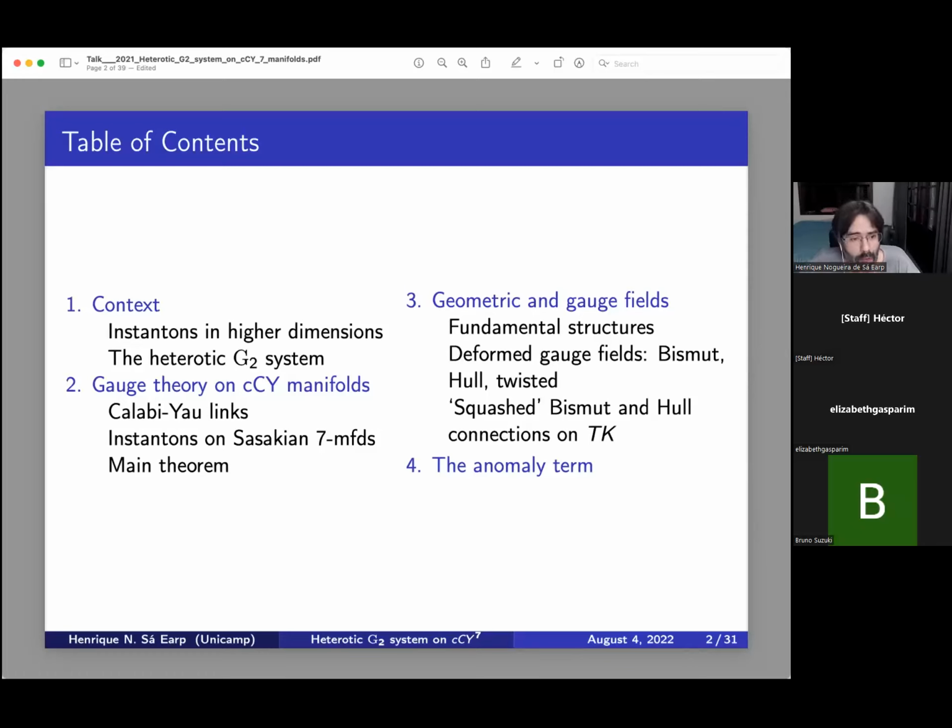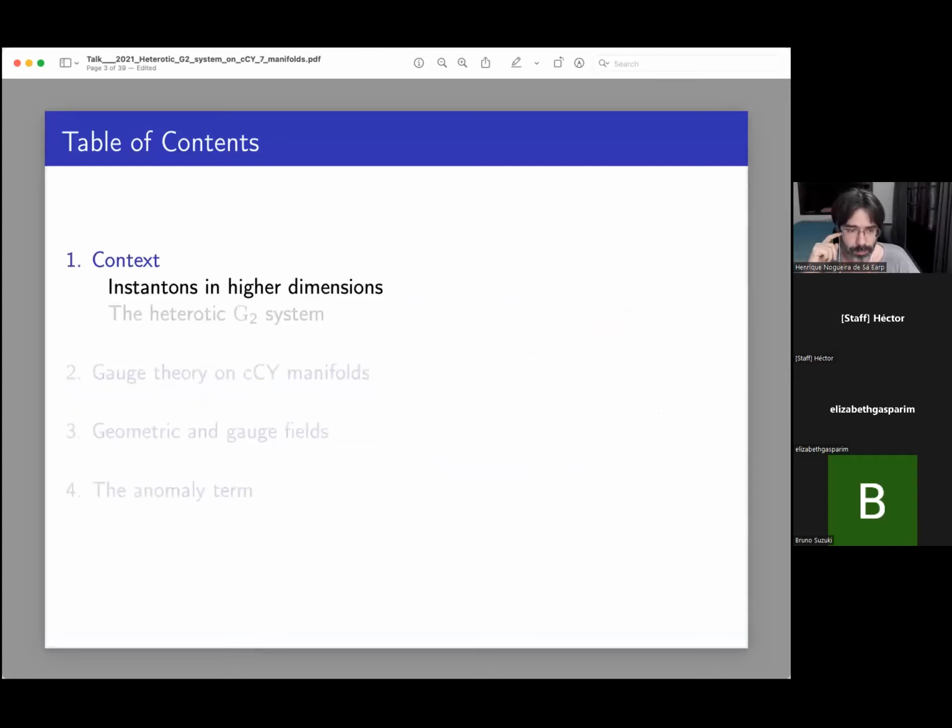I should probably revise the gauge theoretic notions leading to the heterotic system, and then explain how these fit together nicely in these real 7-dimensional spaces, which we call contact Calabi-Yau manifolds, and how indeed we are able to produce solutions in a certain sense over these spaces.